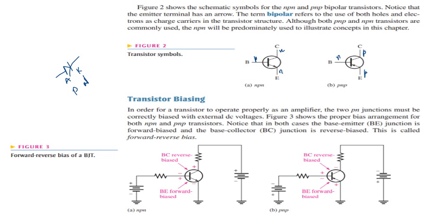What about the current flow? Current flow is from P to N. This is for a diode, which is flowing from P to N. Similarly, if you take an NPN transistor, the current is from P to N. You can see the arrow direction is from P to N, from the base to the emitter, so we can say it is an NPN transistor.